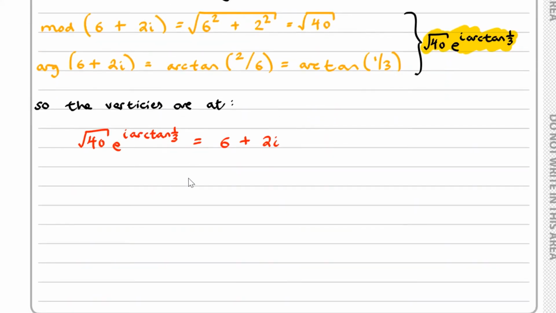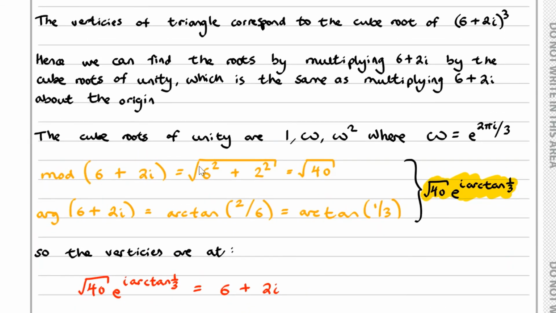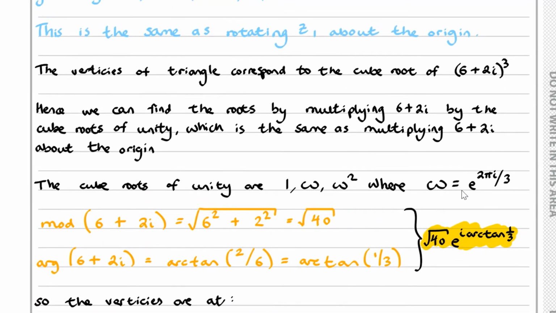First of all, from here it should become quite obvious that the coordinates of A will then be 6, 2. If we now consider the other root, we have root 40 times e to the power of i arctan of 1/3, and then we have to multiply this by the cube root of unity over here.